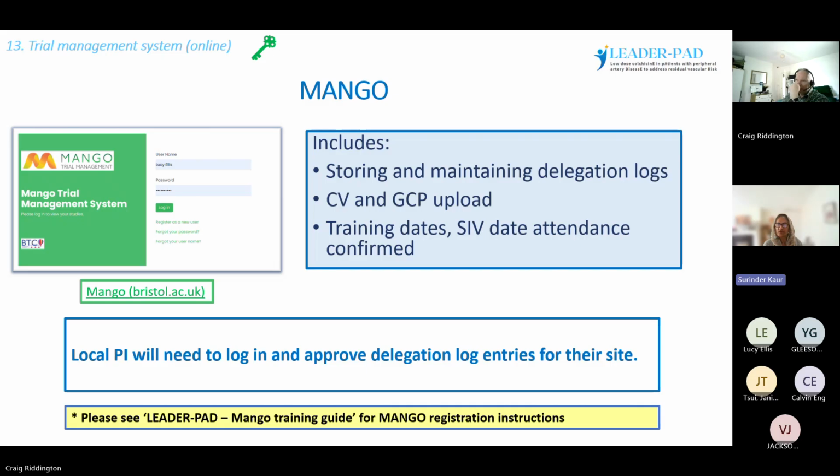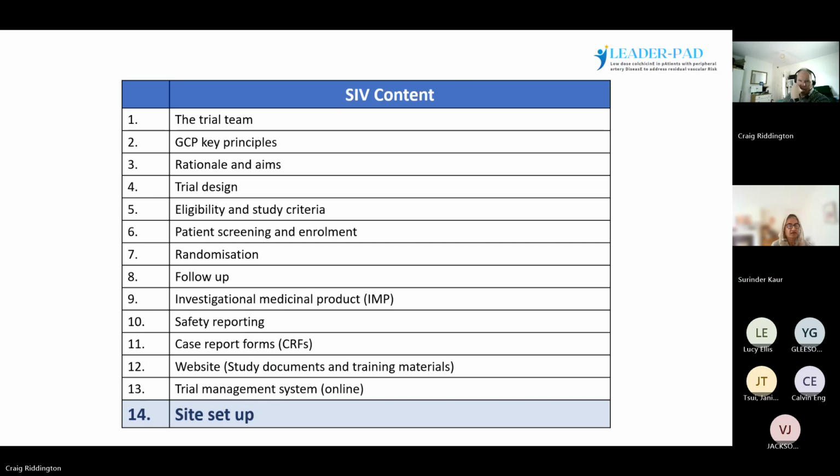We're happy for other members to be on your pharmacy delegation log, as long as you can send us a copy of the log. And just to emphasize that we need a signed and dated CV, and that the CV and GCP both need to be current. That's dated within 2 years for the CV and within 3 years for the GCP certificate. Are there any questions on that section?